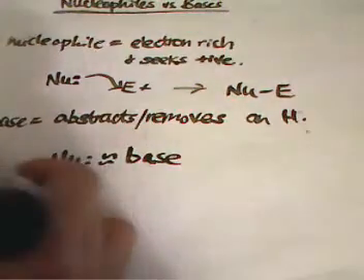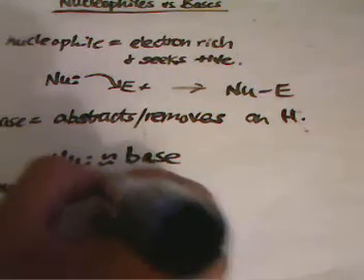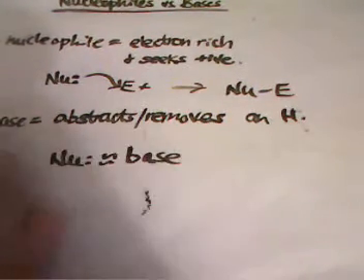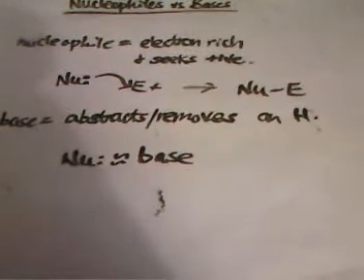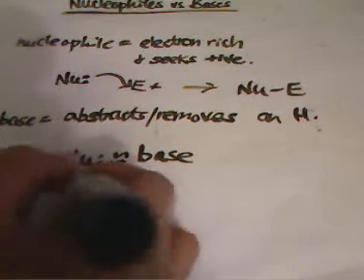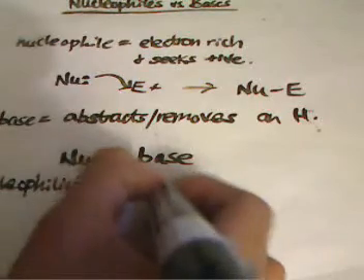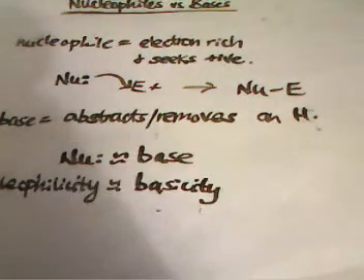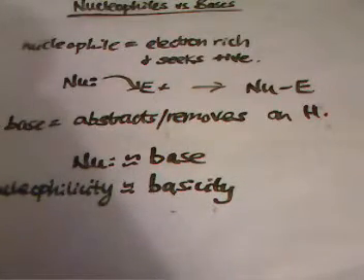Nucleophilicity, which is the ability to attack an electrophile, is generally and essentially parallel to basicity. Things that are strong bases, molecules or groups of atoms that are strong bases, are generally also good nucleophiles, because these properties go hand in hand.